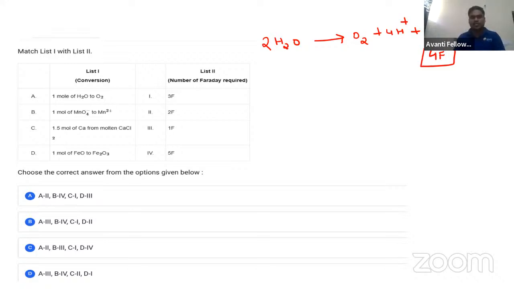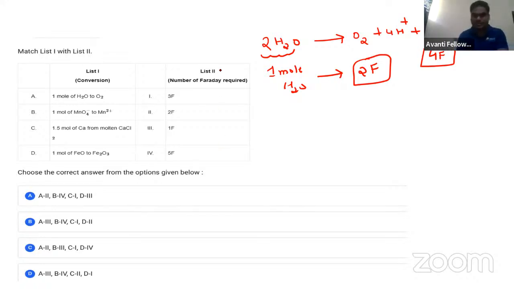But यहाँ पे एक twist है, वो देखो. However, since the reaction shown in the table suggests production of only 1 mole, ठीक है, because here we calculated for 2 mole H2O ना, so for 2 mole if 4F charge is required, then for 1 mole 2F is required. ठीक है, तो कितना आ गया? 2F is required.